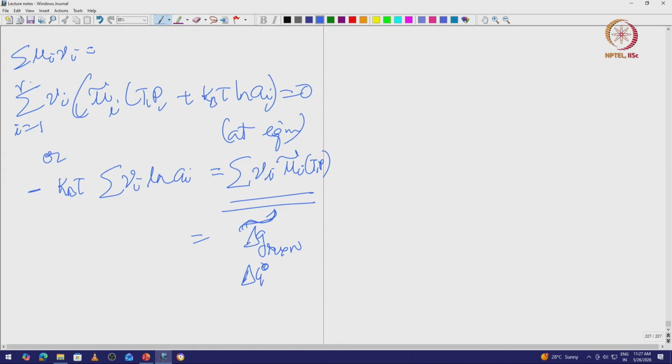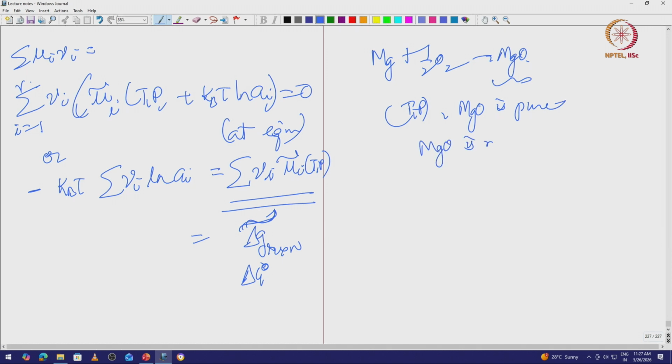So, if I have magnesium plus half oxygen giving rise to magnesium oxide, I am going to assume that at a given temperature and pressure, magnesium oxide is pure, which means magnesium oxide is not in a solid solution with calcium oxide or some other oxide, right, or something else.